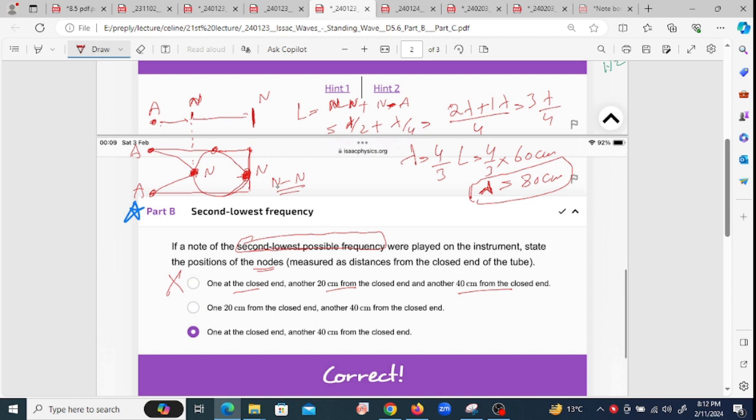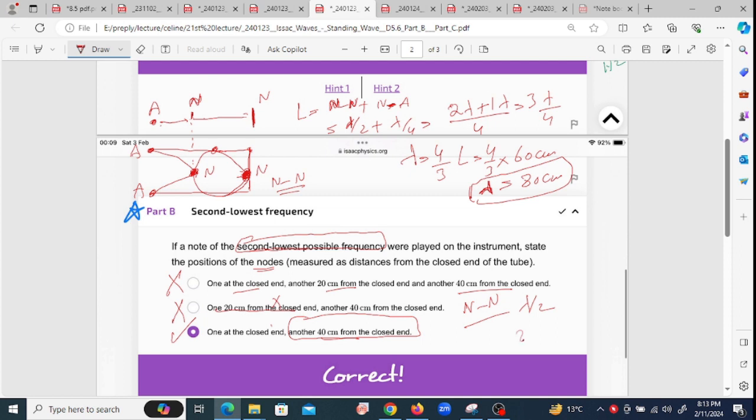So one 20 centimeter from the close end, another. As you know, at the close end we have the node. So this is also wrong. The third one is at the close end, node at the close end, and another 40 centimeter from the close end. Now we check this option. We have to find the consecutive distance between two nodes, which is lambda over 2.